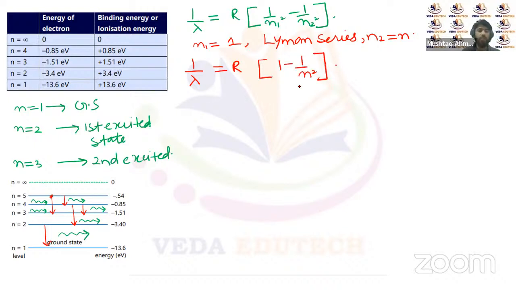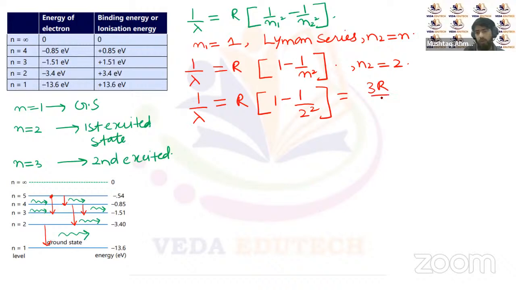Let's suppose an electron makes a transition from n2 equal to 2. The wavelength can be calculated as 1 upon lambda equals R times (1 minus 1 upon 2 square), which is 3R upon 4.